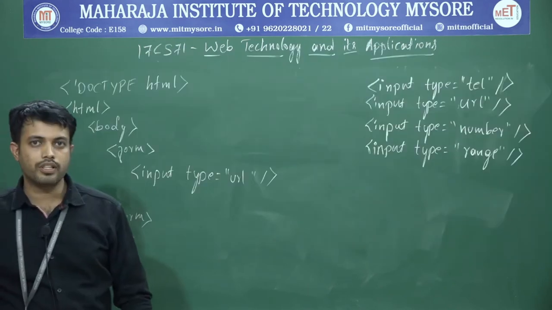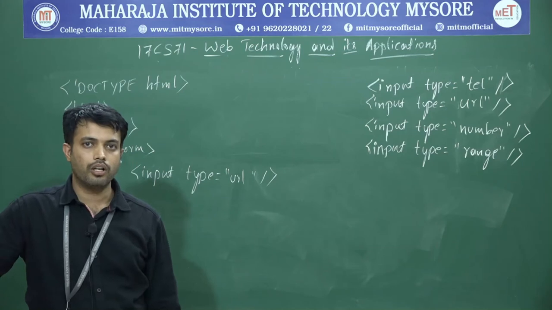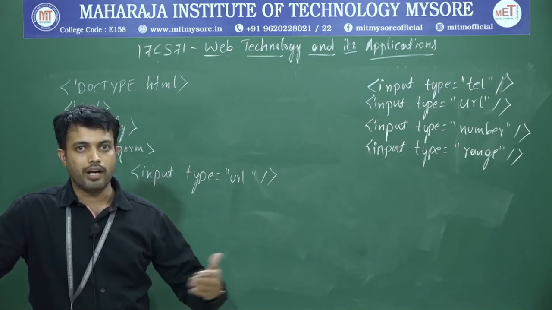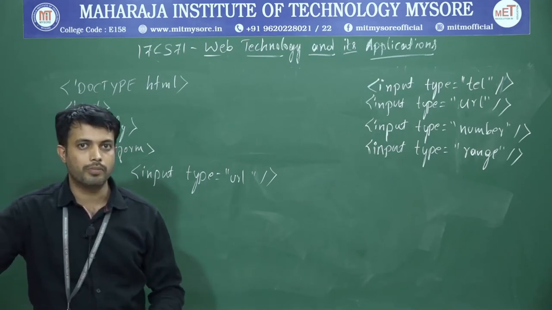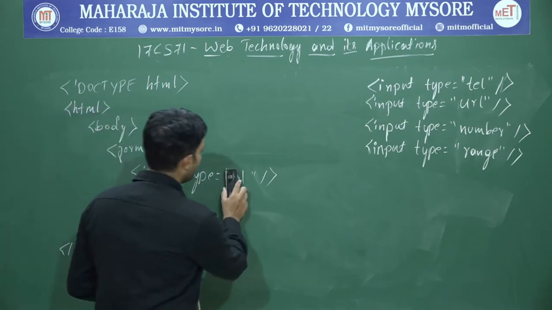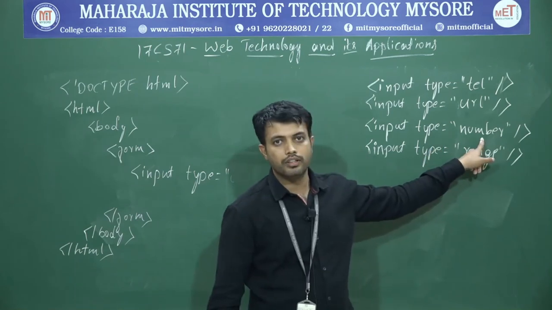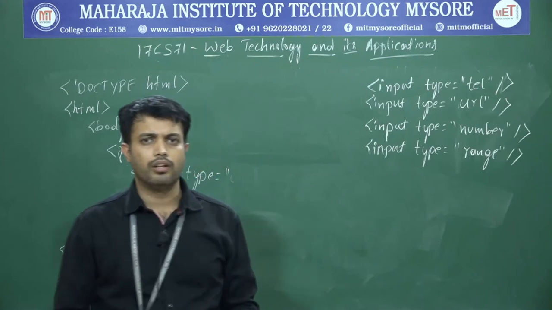Again you couldn't differentiate it from a normal text box. In that URL box, the user should enter a URL path, and if that path is not valid, it is going to display an error message. Fine. The next type is number, which we use sometimes when we need to give a count and so on.